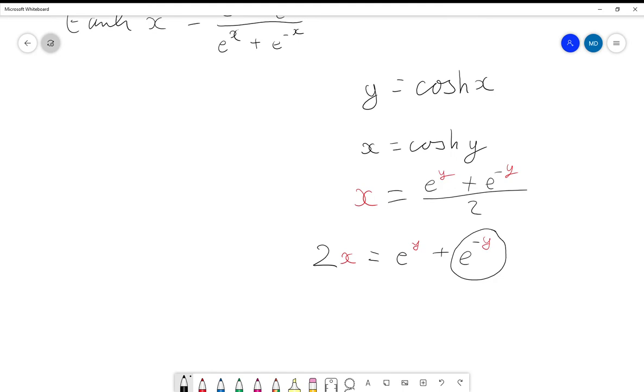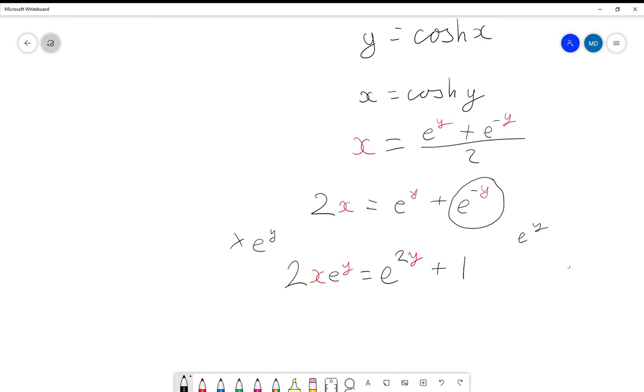So what I'm going to do is multiply both sides by e to the y. And that will give us 2x times e to the y is equal to e to the 2y, because I've got another one there, and e to the minus y multiplied by e to the y is e to the 0, so in fact it's just 1.